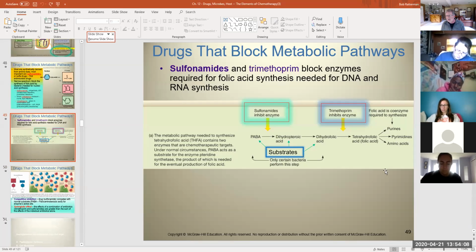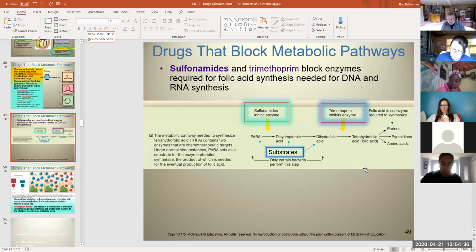some of these nucleotides and or amino acids, which of course are building blocks for proteins. But folic acid is the key. All cells, not just bacteria, but your cells too, have to make folic acid so that when cells replicate and divide, you've got to have that folic acid to generate more nucleotides.